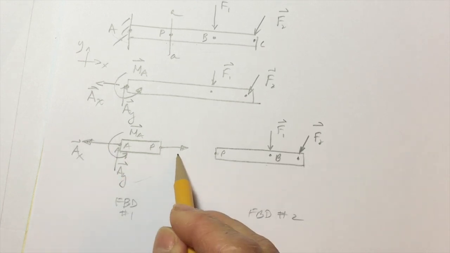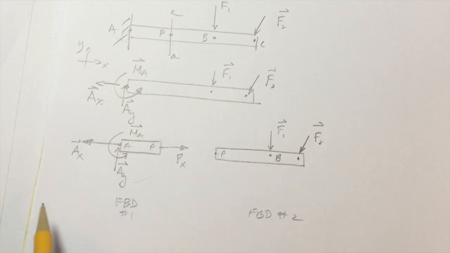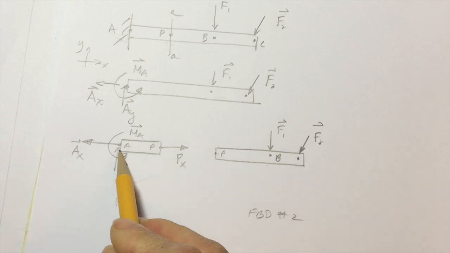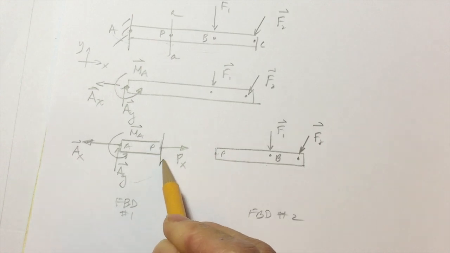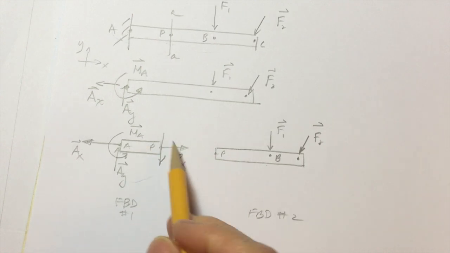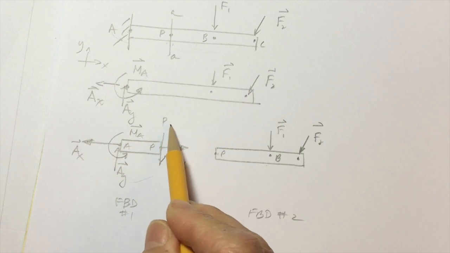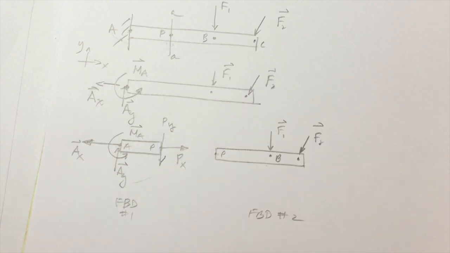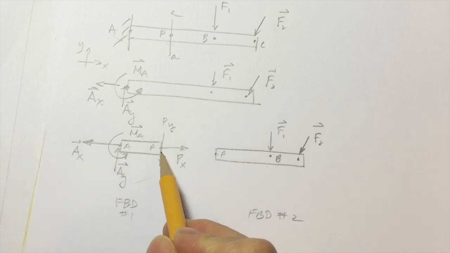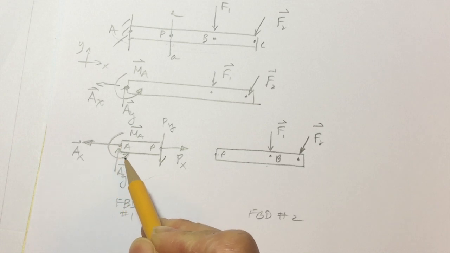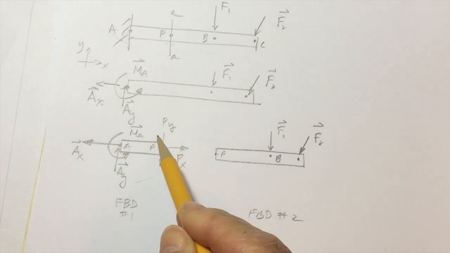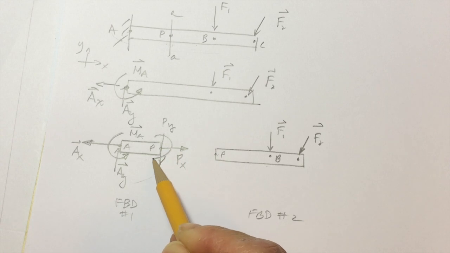So I'll call that PX. If I have a force going upwards, then I definitely have to have a force going downwards. So I'll call this PY. And I have this bending moment going this way. The sum of the moments must equal 0, so I must have a reaction moment going in that direction.